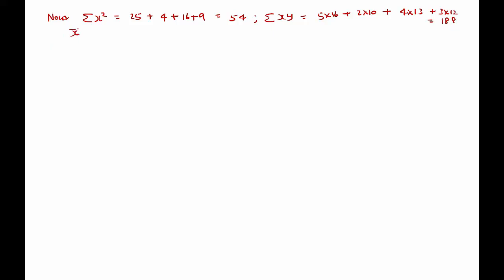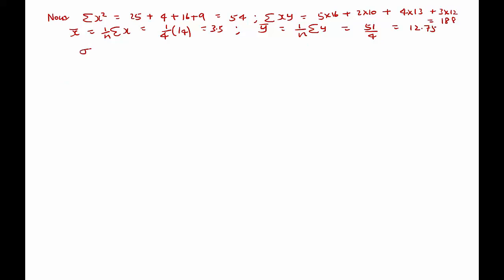Now, mean of all x values, that is x bar, is 1 by n into summation x. So this is 1 by 4 into 14 is equal to 3.5. Similarly, y bar, mean of y values, 1 by n summation y, that is 51 by 4, is equal to 12.75.